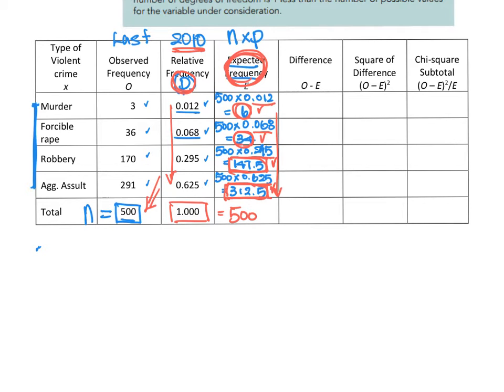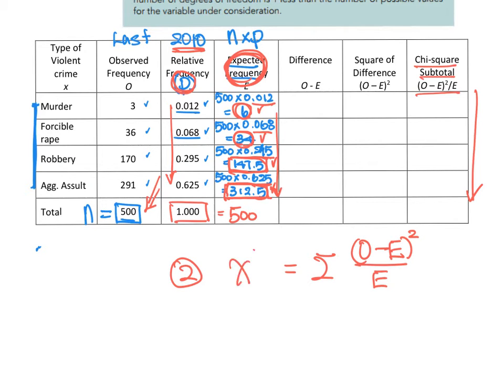Finally we need the chi-square subtotal, because it is the summation of the observed minus the expected, squared, over the expected. That will be the test statistic, chi-square.